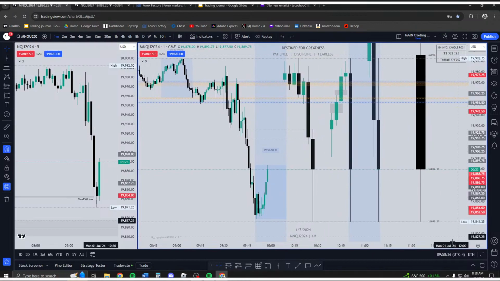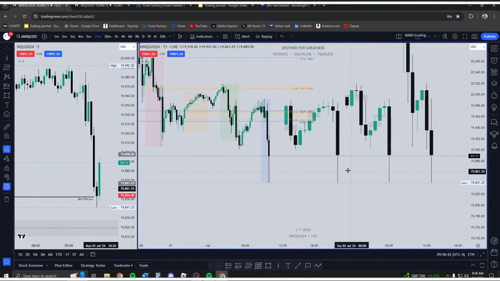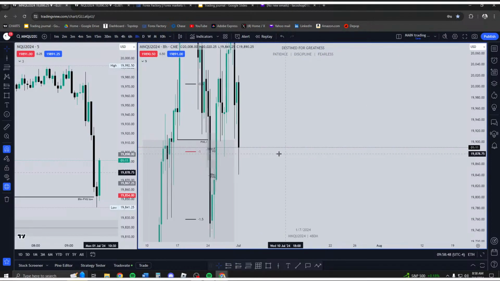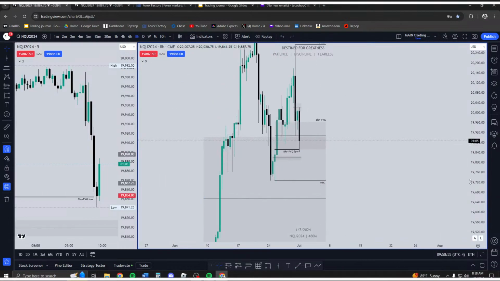So we have about a minute and 30 seconds left. If we close like this, then I'm not going to take the trade exactly at 10 o'clock, because like I said, are we closing below this 8-hour FEG here?